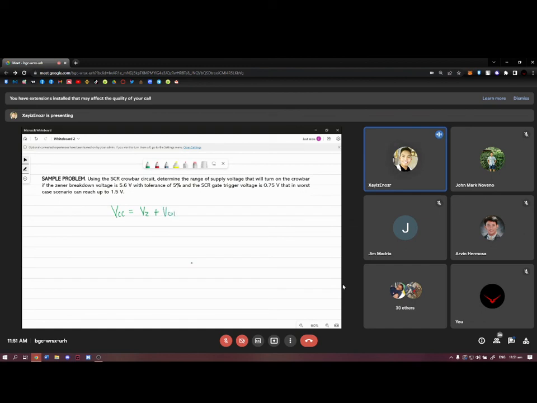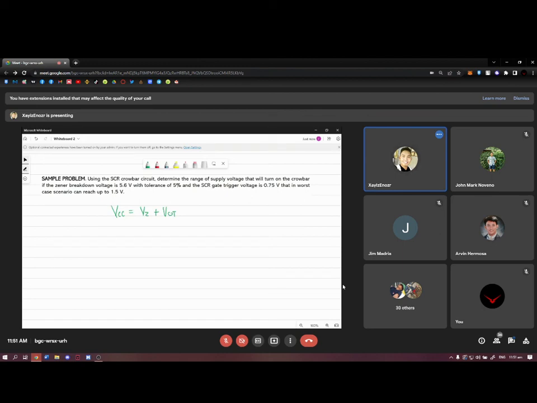Okay, so ang tinatanong, ano the range ng supply voltage na magta-turn on sa crowbar? Kung ang linear voltage natin is 5.6 volts with tolerance of 5%, and the SCR gate trigger voltage is 0.75 volts, that in worst case scenario can reach up to 1.5 volts.